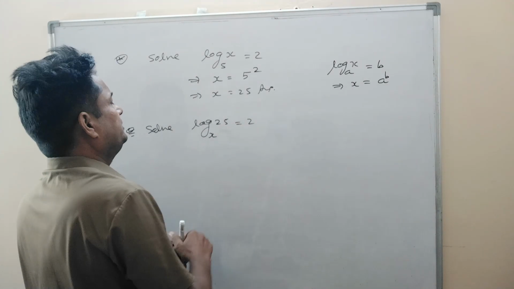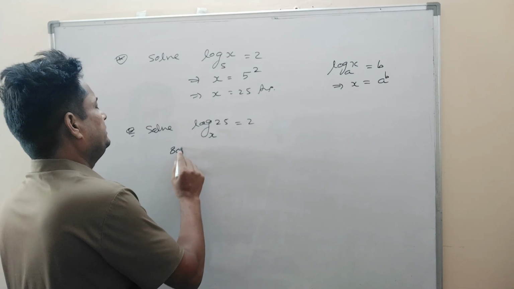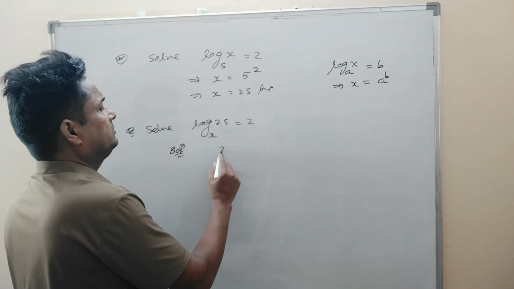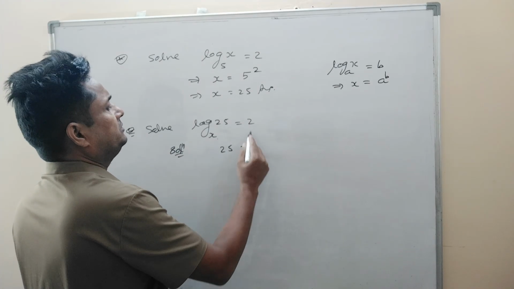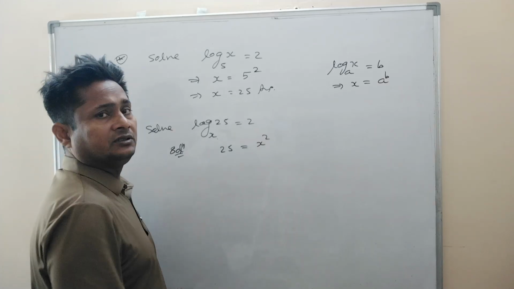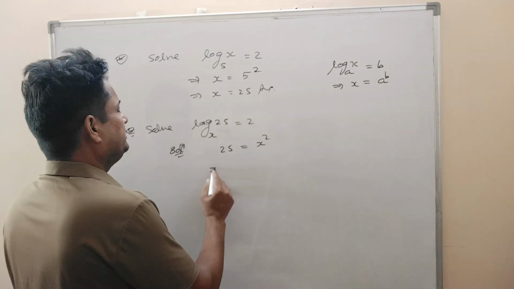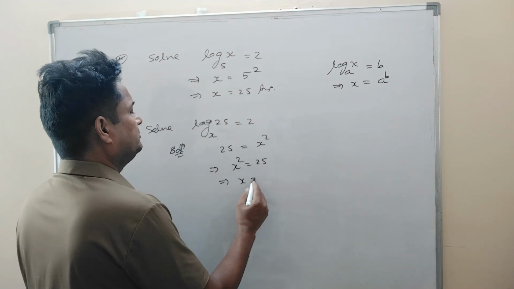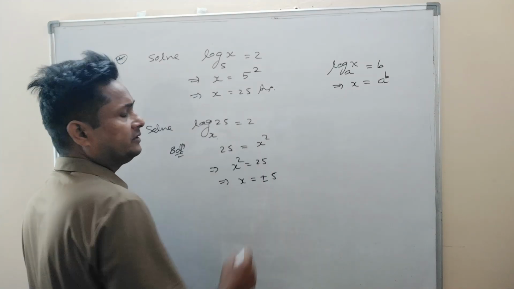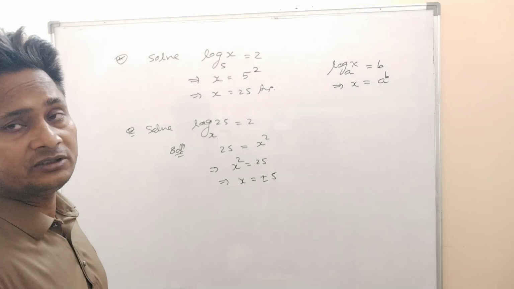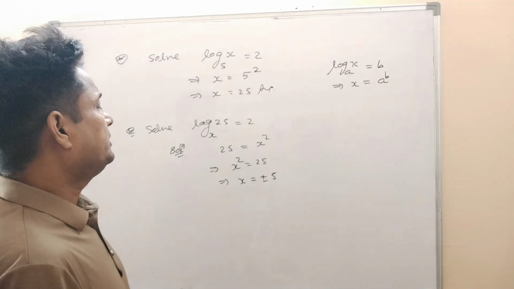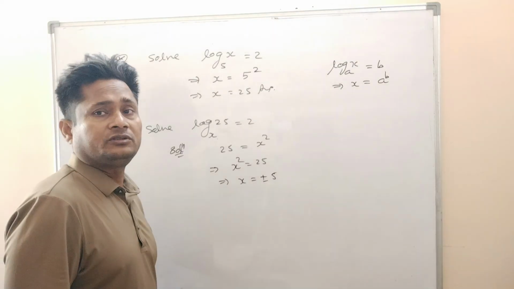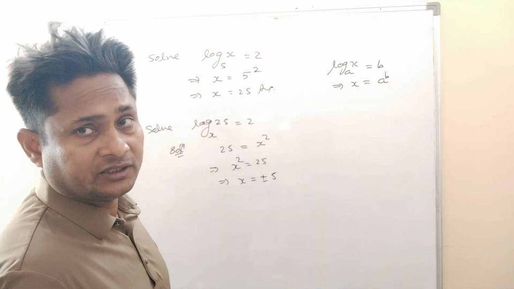So this can be written as 25 is equal to x to the power 2. From here x square is equal to 25, so x will be plus minus of 5. But here there are two values coming, plus 5 and minus 5.